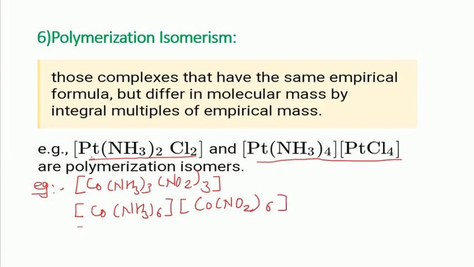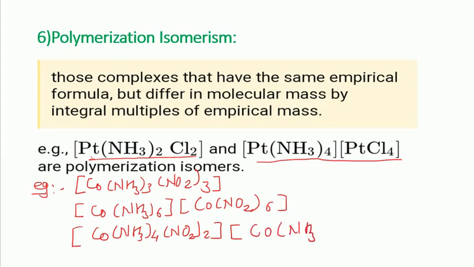One more example: cobalt NH3 4 times, NO2 twice, second Co NH3 twice, and NO2 4 times. Now see these examples: they have the same metal, cobalt, and the ligands are also the same. Ammonia and nitro groups are coordinately bonded to the central metal atom, that is cobalt.